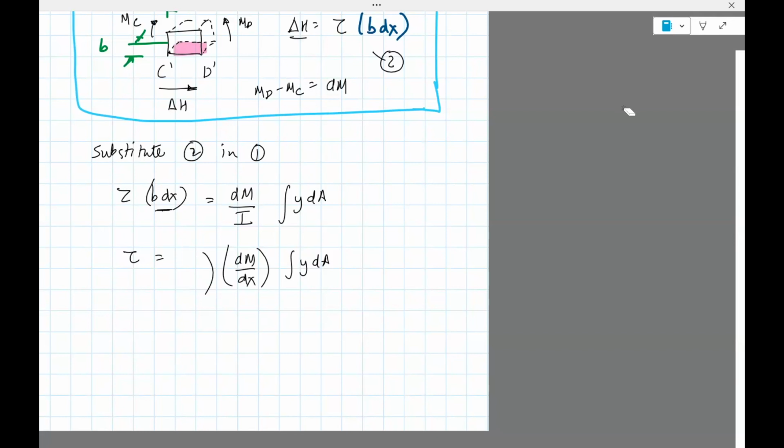So I times b, okay, that's better. So the b came down. But this is something we wrote down sometime back when we were doing shear force bending moment diagrams. dM dx, the rate of change of moment, is nothing but the shear force V.